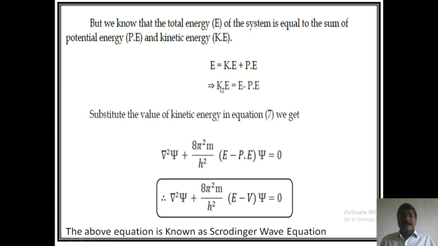That implies KE equal to E minus PE. Substitute the value of kinetic energy in equation 7. We get del square psi plus 8 pi square m by h square into E minus PE into psi equal to 0. Therefore, del square psi plus 8 pi square m by h square into E minus V into psi equal to 0. The above equation is known as Schrodinger wave equation.